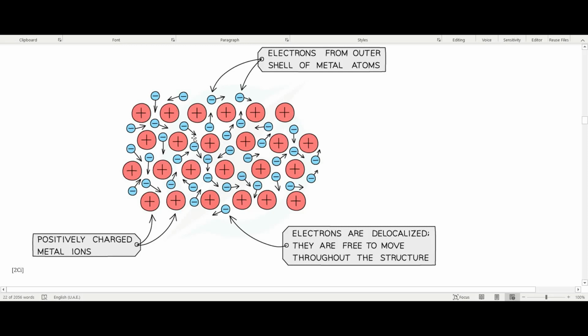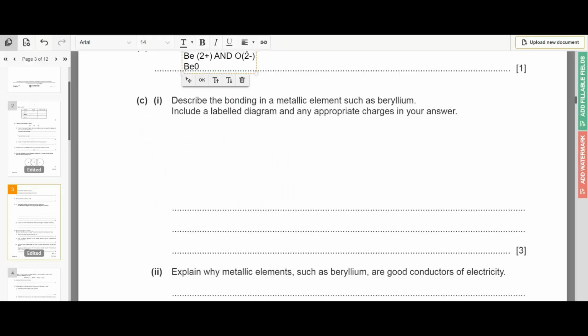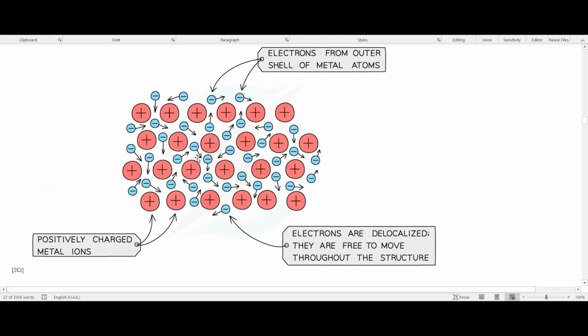So in your exam, if you are given this type of question, the bonding in metallic elements such as beryllium, you should include a labeled diagram. With labeling, you need to show the positively charged metal ions, and also the delocalized electrons, which are free to move throughout the structure. Electrons from the outer shells of atoms you need to show here. Label this diagram in order to secure your 3 marks.